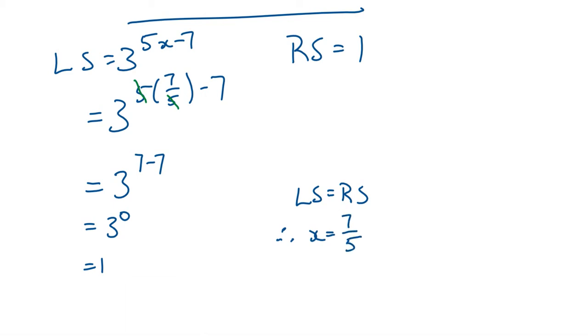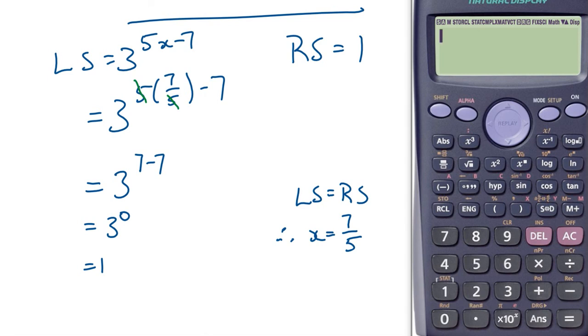Okay, but again, I could just do 5 bracket 7 over 5 bracket minus 7 equals, and get 0, and so I would know it's 3 to the 0. Or even better, if you really want, I can do 3 to the exponent 5 times 7 divided by 5 minus 7, oops, I didn't have a bracket, okay, equals, and it gives me the 1.